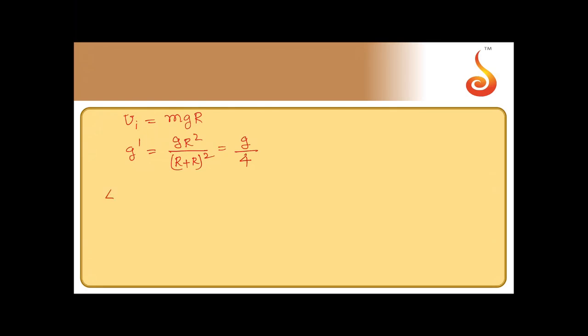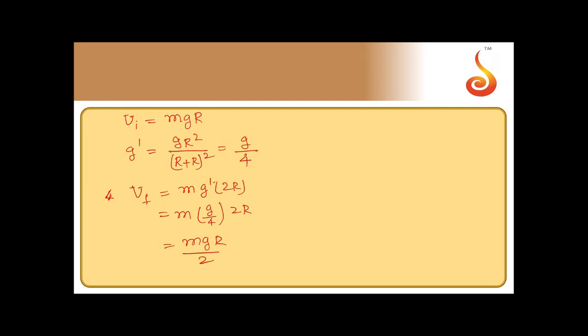So new potential energy, that is Uf, is equal to m g dash into 2r. So that is equal to m into g by 4 into 2r, that is equal to mgr by 2.